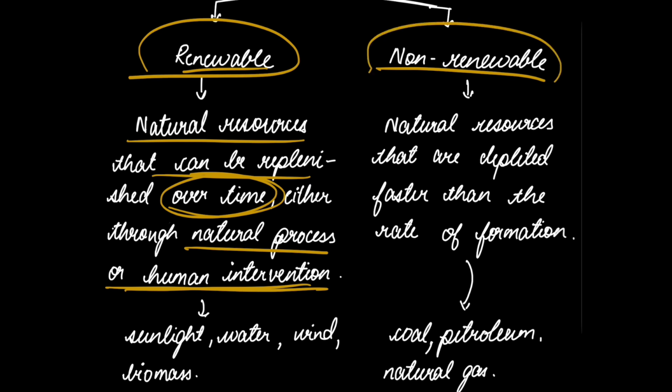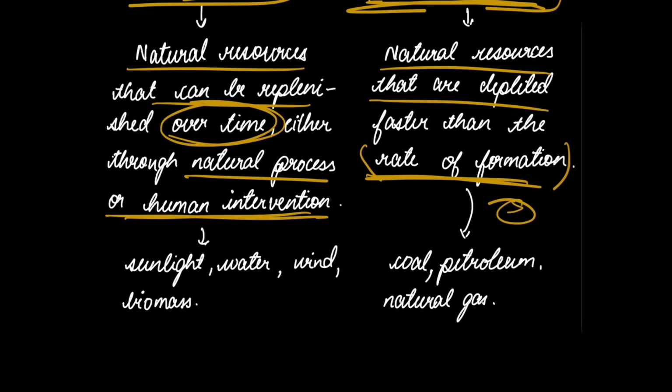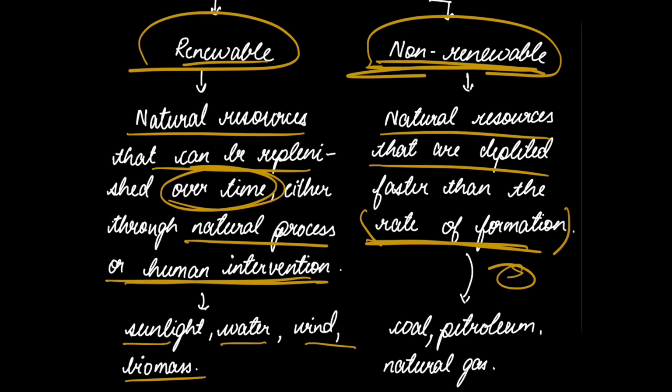While non-renewable resources are the natural resources that are depleted faster than their rate of formation. So their rate of formation will be less in comparison to how we use them. Then they become non-renewable resources. The examples of renewable are sunlight, water, wind, and biomass, while the non-renewable resources are coal, petroleum, and natural gas.